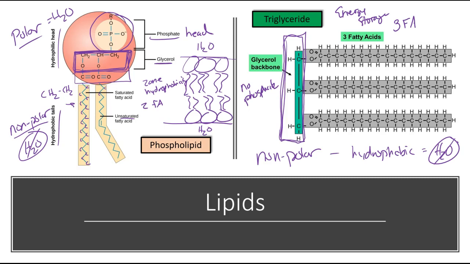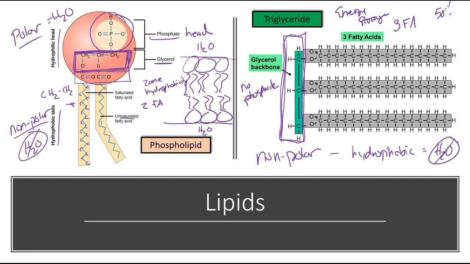Because a triglyceride has an extra fatty acid compared to a phospholipid, notice there's 2 over here and 3 over here, that makes a triglyceride. For every triglyceride, there is an extra 50%. There's 50% more energy storage potential in a triglyceride than there would be in a phospholipid. So you don't have to store as many triglycerides to actually store more energy.